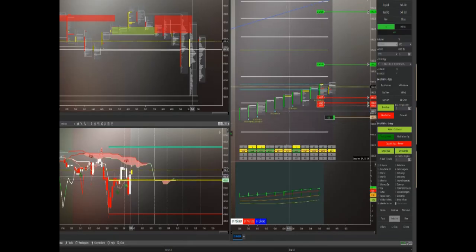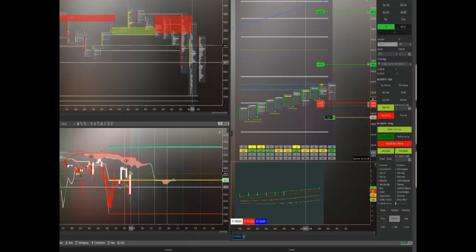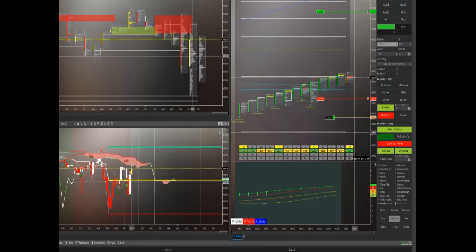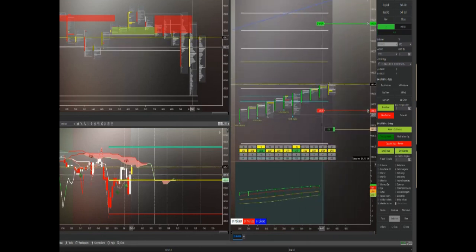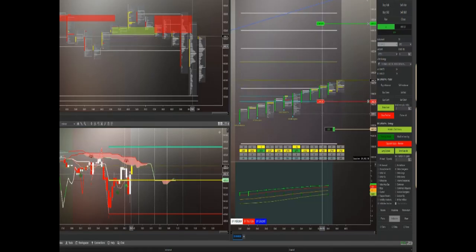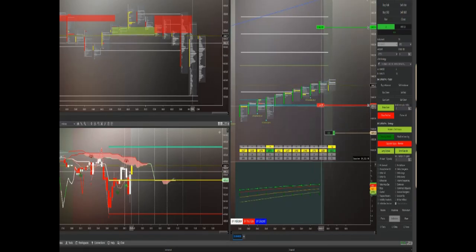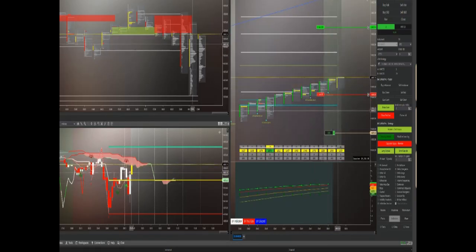And then how to use the actual footprint here. But of course, also watching this live, it should help you understand what I'm actually looking at, how I'm using it. And that's the purpose of these live sessions. It's not a copy trade session.